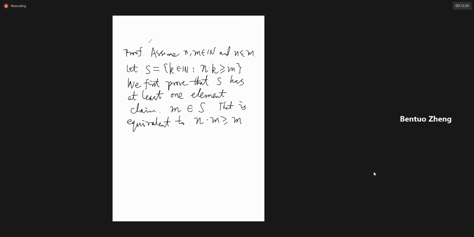But this is more or less obvious since n is a natural number. So we know n is greater than or equal to 1, because 1 is the smallest natural number, the starting number. Then we use the algebraic property: if n is greater than or equal to 1, we multiply by the same natural number, we keep the inequality.